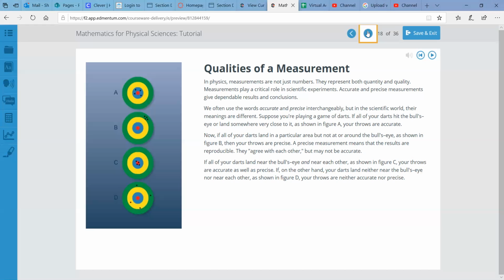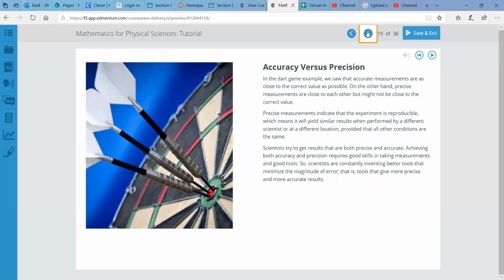So we want to have the correct measurement, and we want to get the correct measurement every time we're using a tool. And a lot of times you need to balance this out. Sometimes you can't always have both as much as possible.